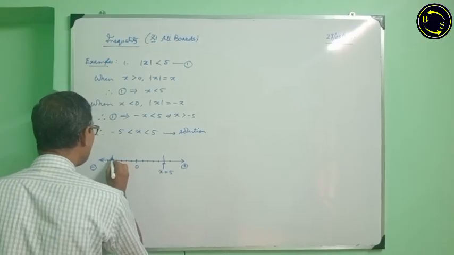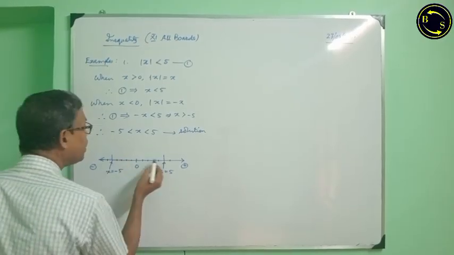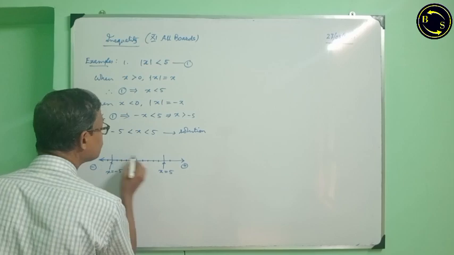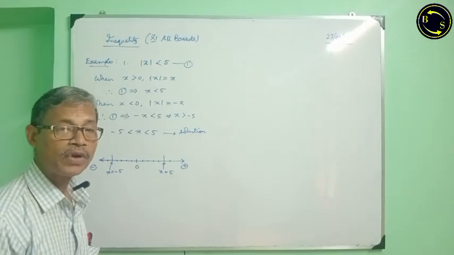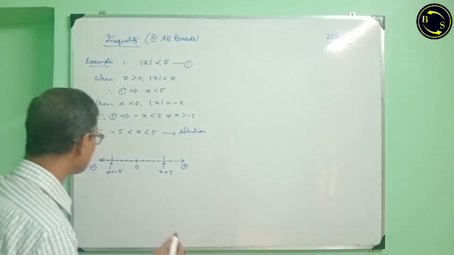If we touch these two vertical lines, then that will mean x equal to 5 as well as x equal to minus 5.